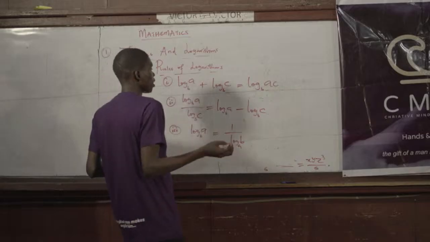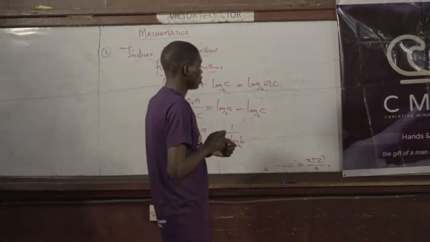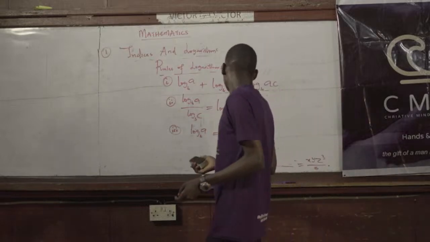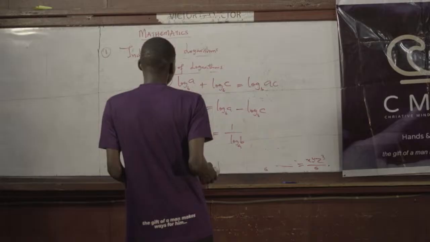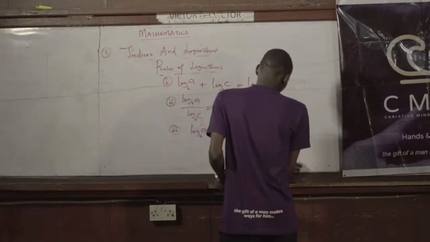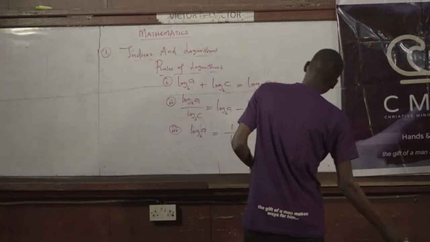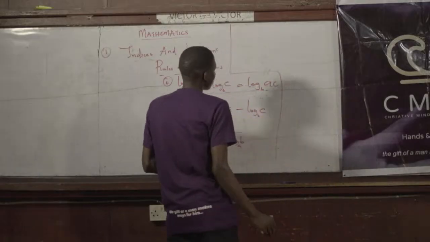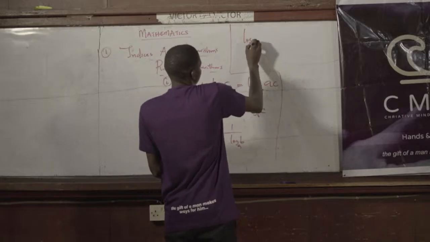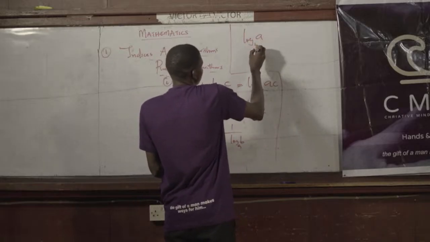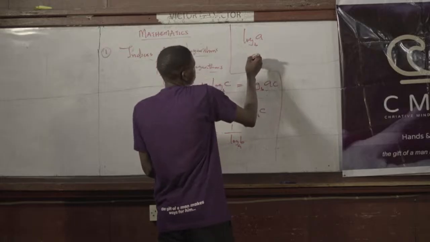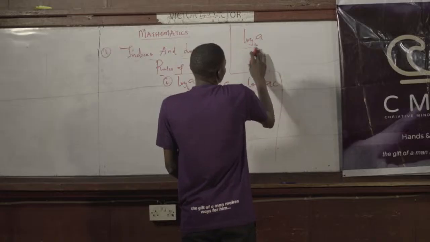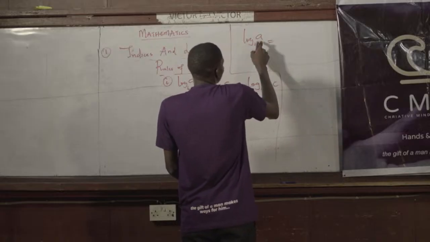All right, now we have another change of base theorem rule that you need to be familiar with, especially for JAMB standard. Let me write the last change of base theorem, then we are going to solve questions on this. Let's take for instance log a base b.